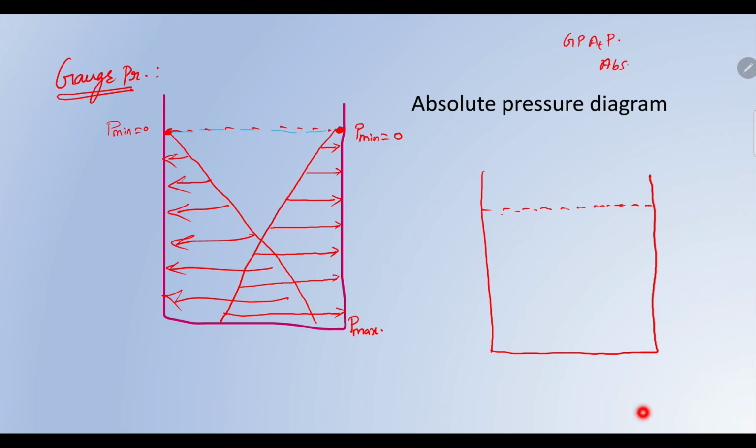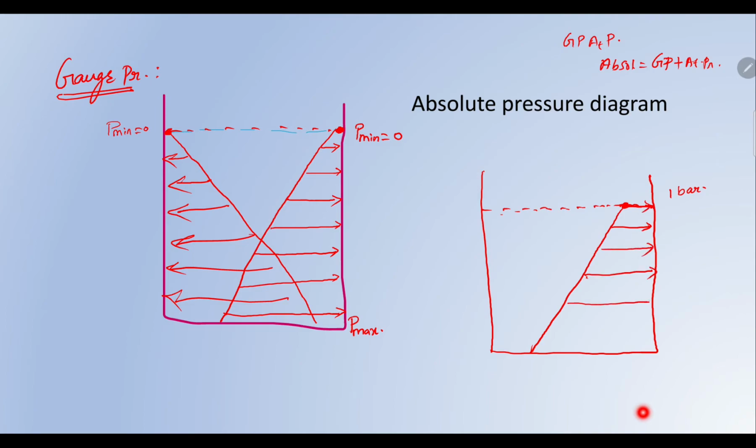Absolute pressure equals gauge pressure plus atmospheric pressure. So even though the gauge pressure at the top is 0, there is an atmospheric pressure of 1 bar, is there not? So let us begin here. If this is 1 bar, and then the pressure prism will go like this. Yes or no?